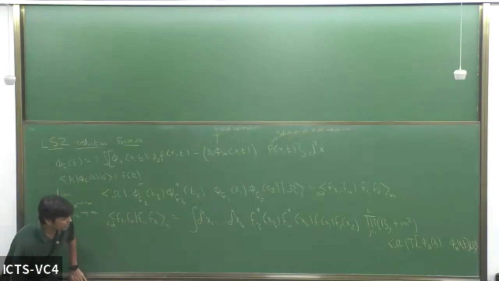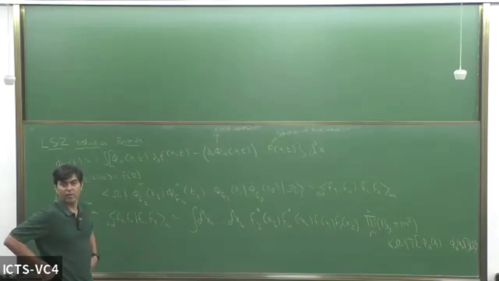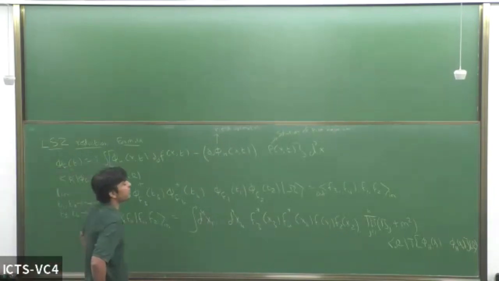So now, when you look at this for the first time, it might seem that this is a mysterious proposal. What does this mean? However, if you think about it in momentum space, you'll see that it's not that mysterious. Because what is this in momentum space?